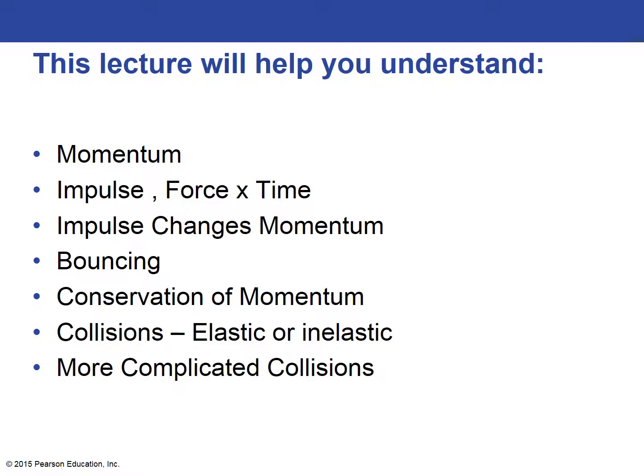Finally, we're going to talk about collisions, and regarding collisions, we're going to discuss the law of conservation of momentum, first described, or most eloquently described, by Isaac Newton. The simple example of a collision between two objects is a cue ball on the table hitting a billiard ball.